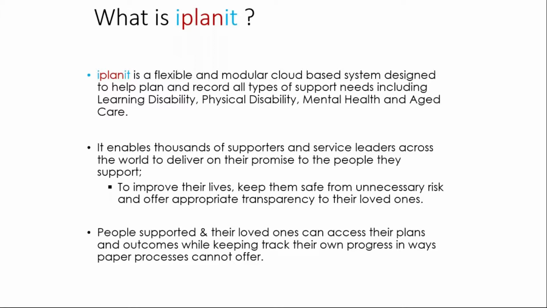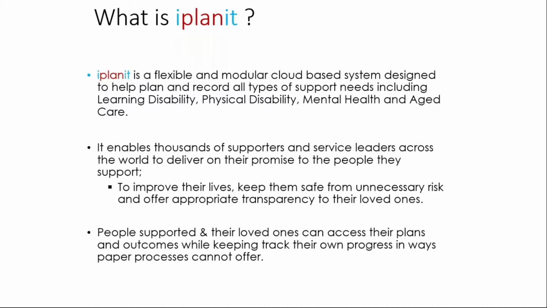At the moment, it's enabling thousands of supporters and service leaders across the world. So UK, Ireland, New Zealand, Australia. It's helping them to keep the promise that as support workers, as support organizations, our promise ultimately, broadly, is to help people improve their lives, keep them safe from unnecessary risk, and offer appropriate transparency, which is becoming more and more important.